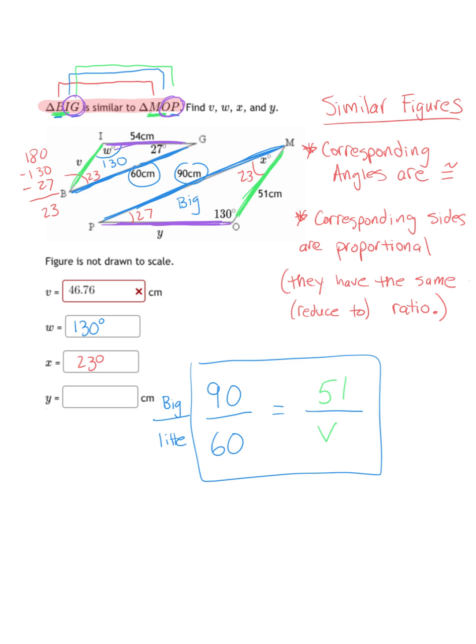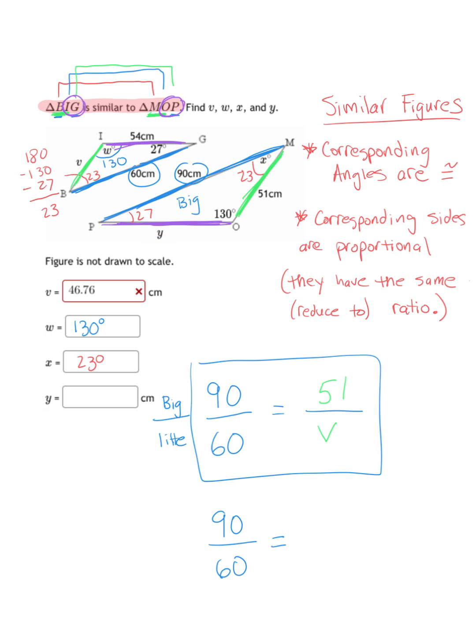Okay, so to set up my proportion, I can bring down this same first ratio, because that's my ratio of similarity. That was my pair of corresponding sides that were both given. So I can do 90 over 60. Okay, the first ratio, they're both given. A pair of corresponding sides, both given. 90 over 60. Now, to find Y, Y is on the big triangle.